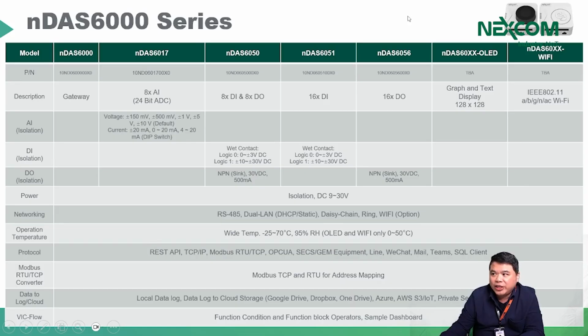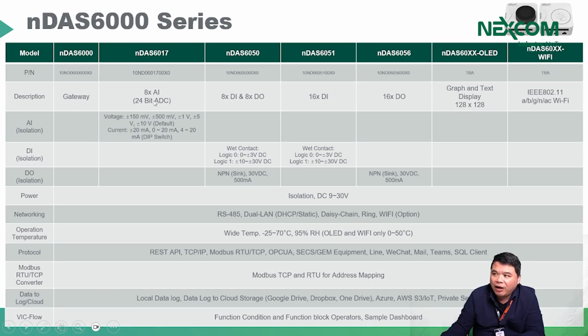So this page is the spec. nDAS 6000 has no physical I/O, because some people only need nDAS for VIC-Flow or dashboard functions. So you can select nDAS 6000. If you need analog, this one is a popular module because a lot of users need to connect some sensor data.